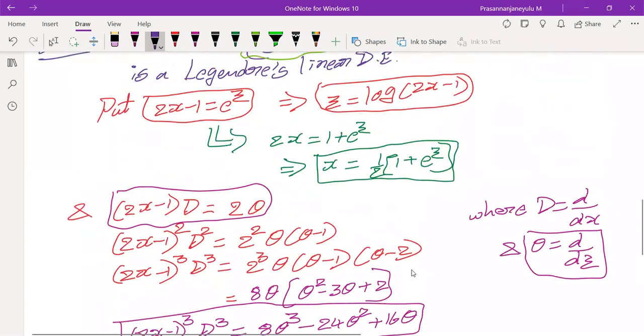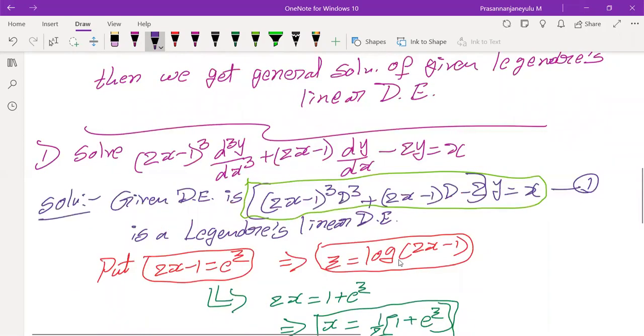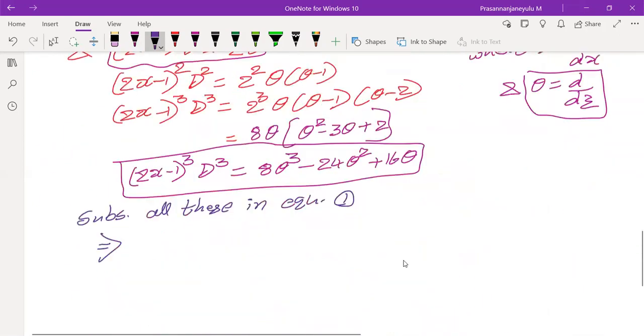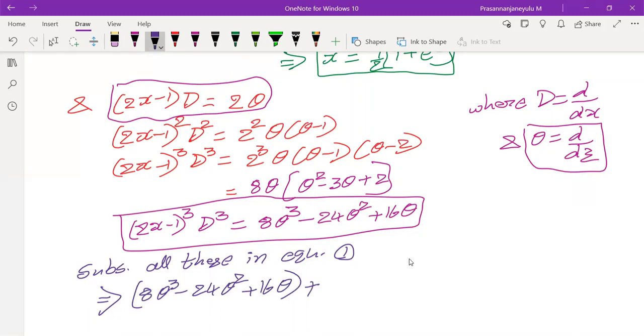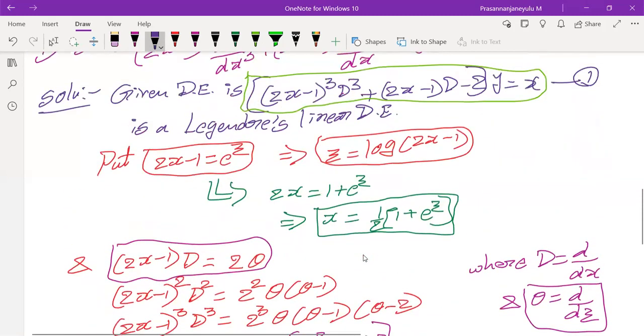That implies, what is equation number 1? We have (2x minus 1) whole cube into D cube as the first term. So what is (2x minus 1) whole cube into D cube? We have here 8 theta cube minus 24 theta square plus 16 theta as the first term, plus, what is the second term? (2x minus 1) into D, and then minus 2.